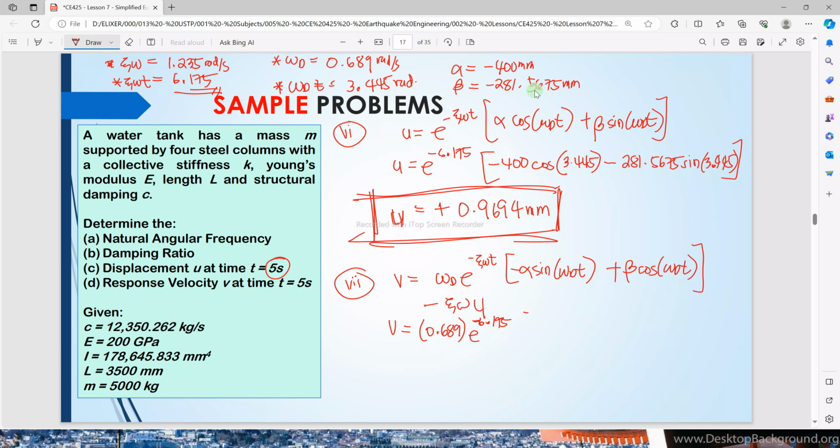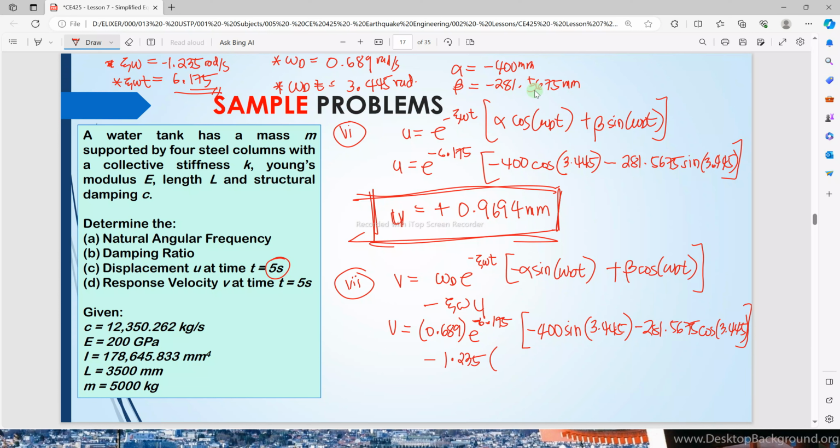Don't forget the negative sign. Times alpha, that is negative 400 sine of 3.445. So, mas dali siya kung ato isulat na ang values para di na siya taas. Plus beta, that is minus rather, that is not plus. Minus 281.5675 cosine of 3.445.